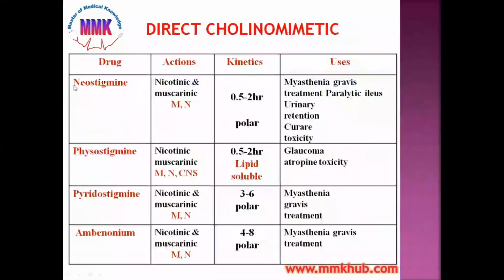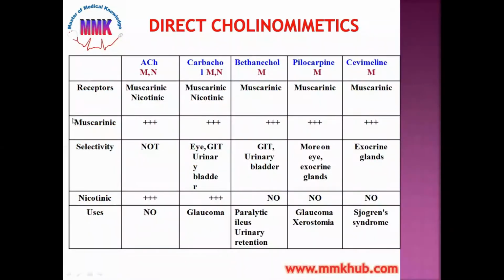Now we see the receptors. Acetylcholine and carbachol are both non-selective. Why is that so? Because they work on both muscarinic and nicotinic receptors. However, betanechol, pilocarpine, and cevimeline work on the muscarinic receptors only, so they will not work on nicotinic receptors.